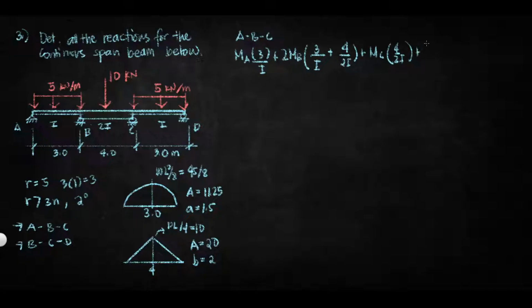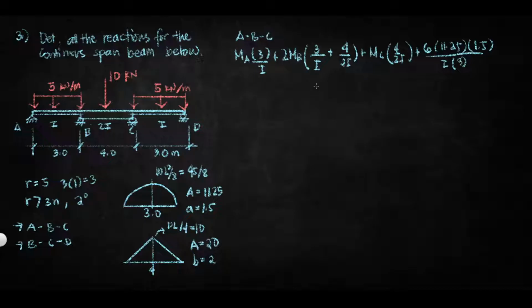And plus 6. So ang A1 natin is the uniform distributed load, so that is 11.25 as yung A, times yung A niya is yung center distance, the moment arm, 1.5 over EI. So E natin is constant. I for the first span is I. And then times po natin ng L1. So L1 natin is 3.